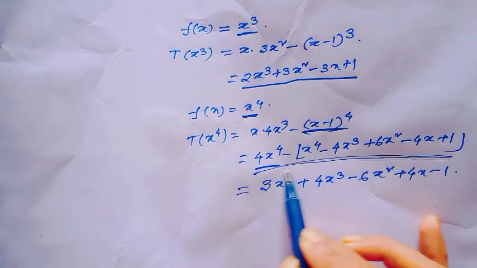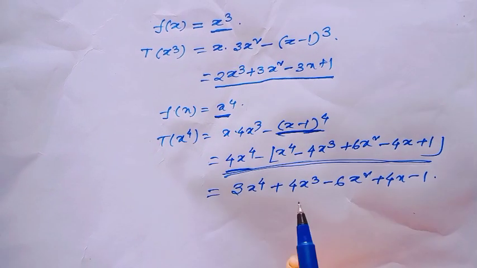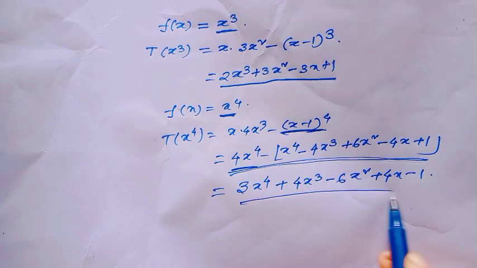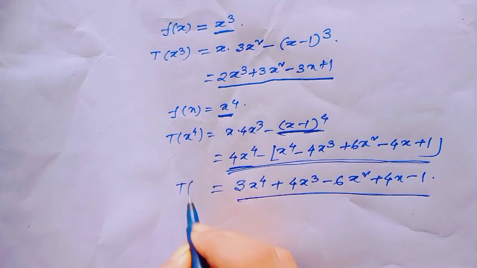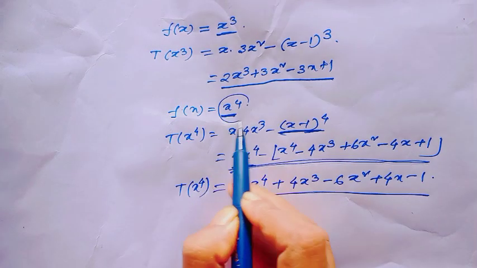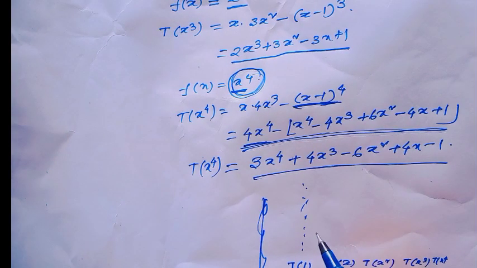Then after calculating, this value would be 3x to the power 4 plus 4x cube minus 6x square plus 4x minus 1. This is the image T of x to the power 4, when I say f(x) equal to x to the power 4. This continues.